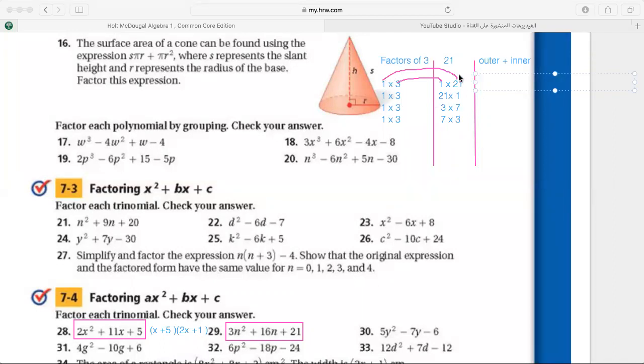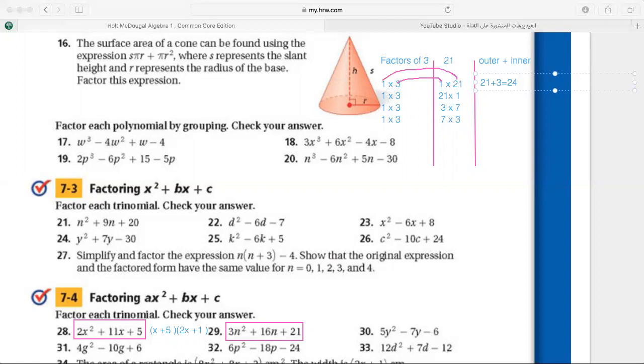I will start to do outer and inner. Okay, 21 is the outer. The inner is 3. 21 plus 3 will be 24. Here I did a correct step. But I know that there is no negative sign. So why will I use 21? Because 21, of course, will not give me 16, because 21 is more than 16.